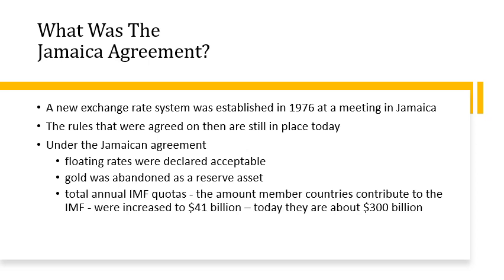Third, the total annual IMF quota, the amount member countries contribute to the IMF, was increased to $41 billion. Since then, it has been increased to 767 billion, while the membership of the IMF has been expanded to include 188 countries, which includes non-oil exporting, less developed countries, that were given fund access.